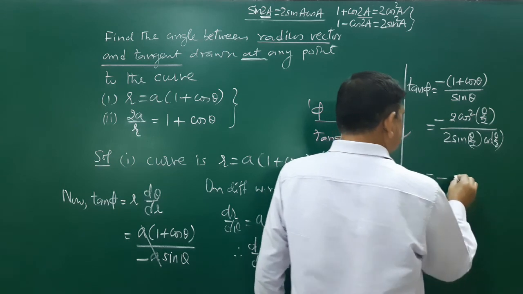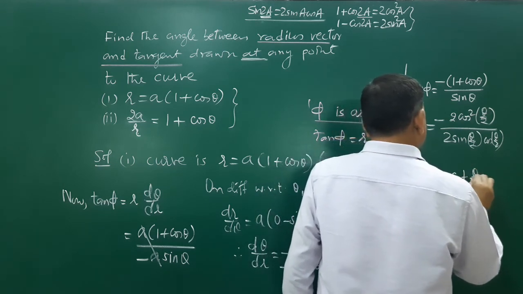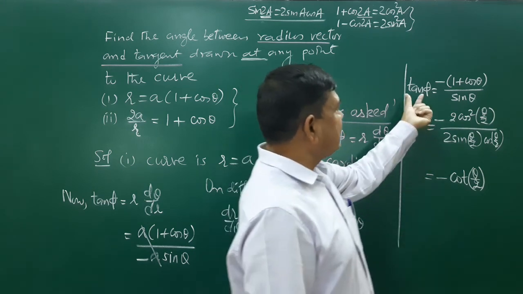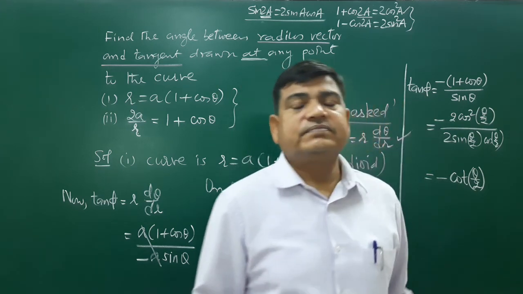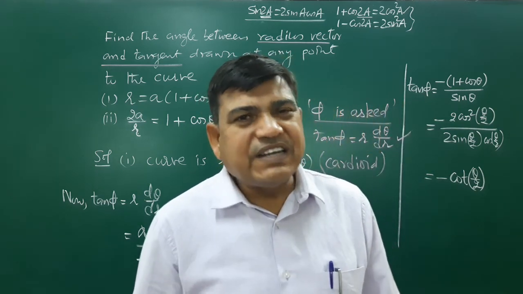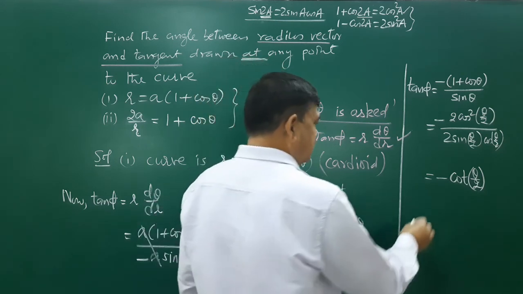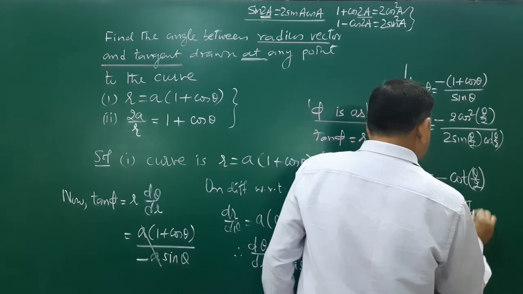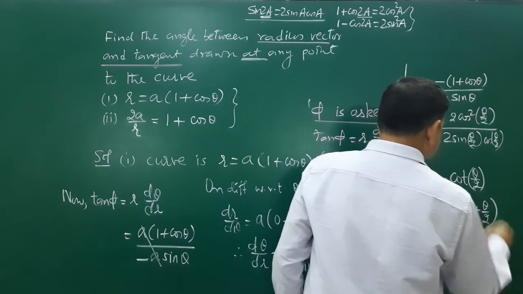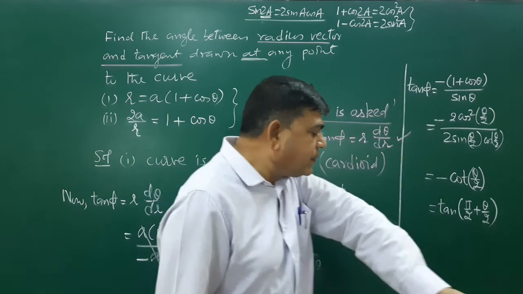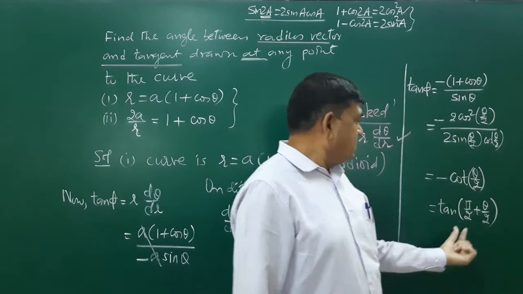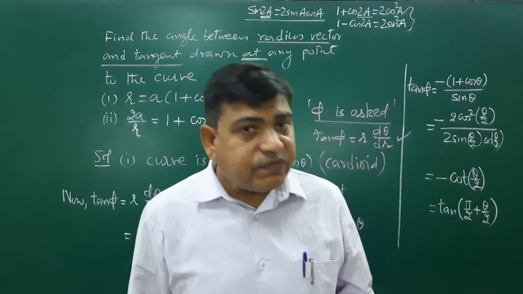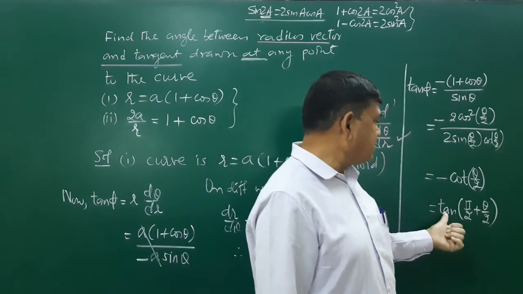This is minus cot theta by 2. Now this side it is tan, this side it is cot. So we convert it into tan. So this is tan of pi by 2 plus theta by 2. Tan 90 plus, second quadrant negative, and tan is converted into cot.